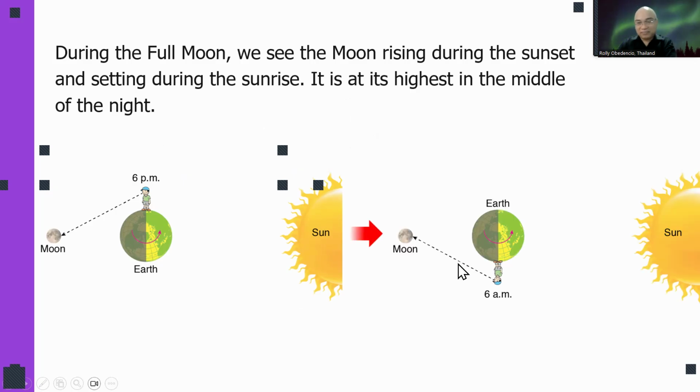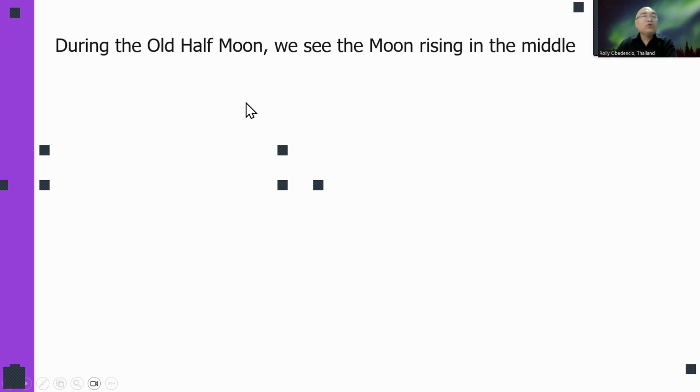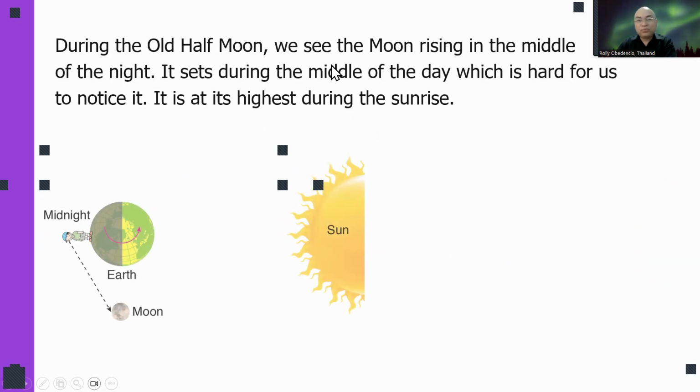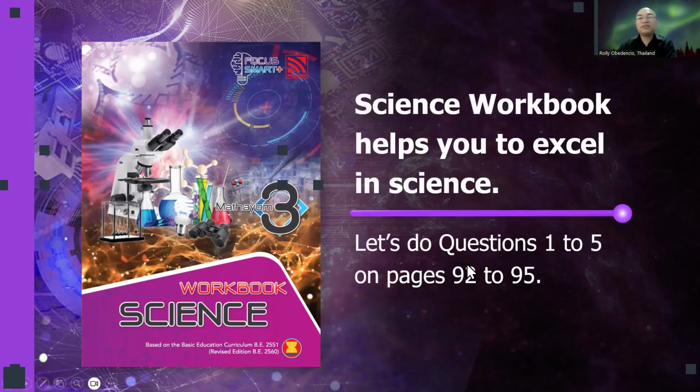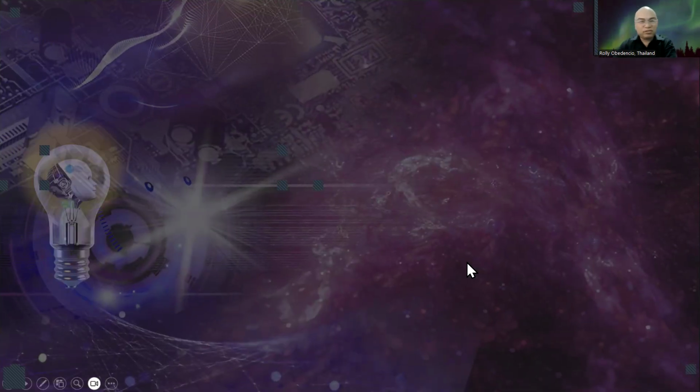During the old half moon, we see the moon rising in the middle of the night. It sets during the middle of the day, which is hard for us to notice. It is at its highest during the sunrise. Now you don't need to do this workbook because you don't have it.